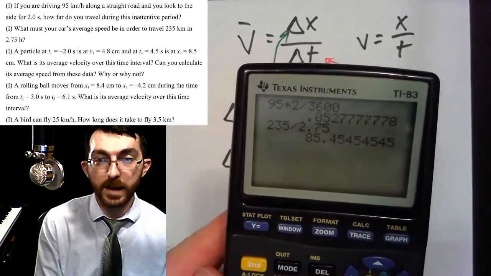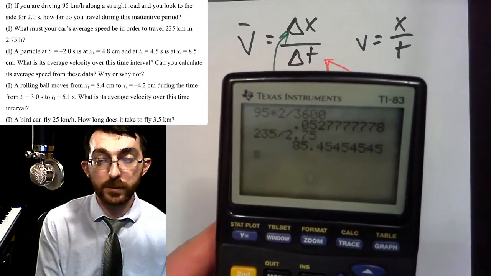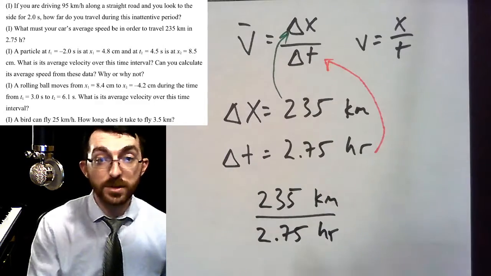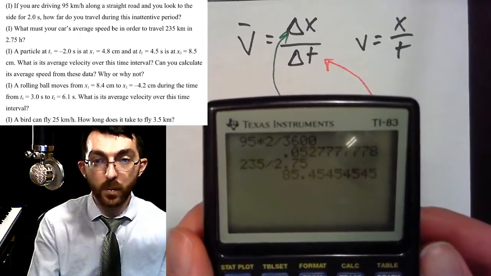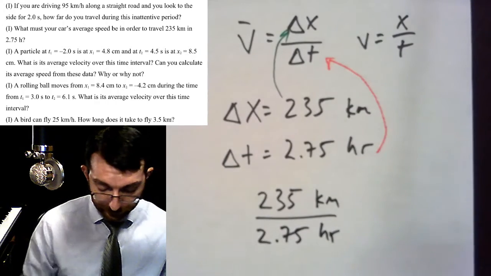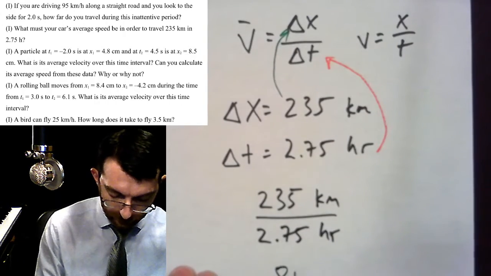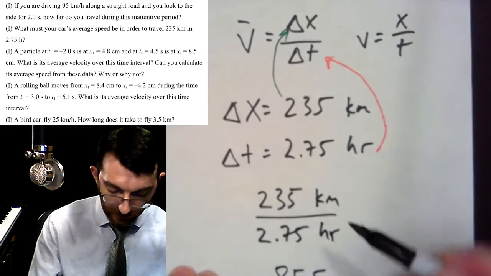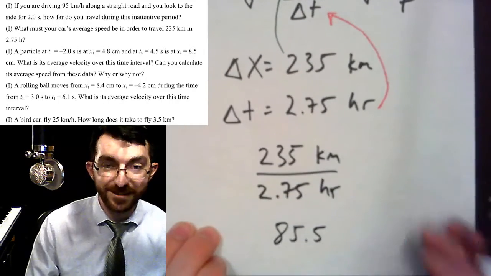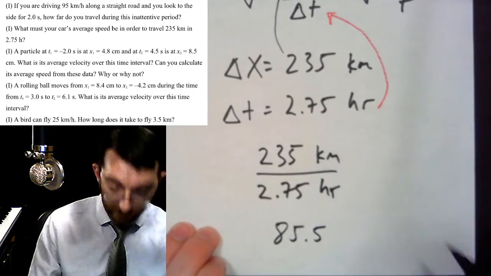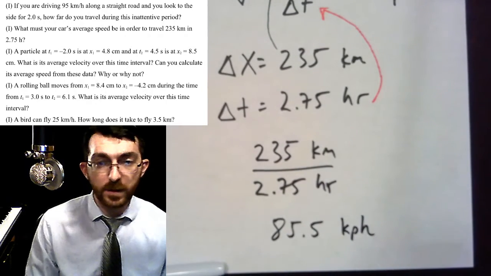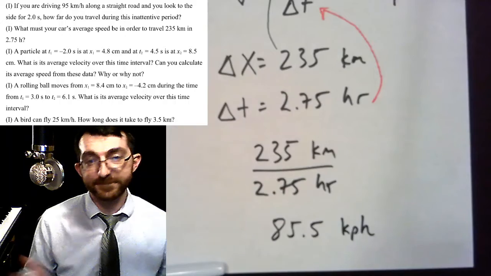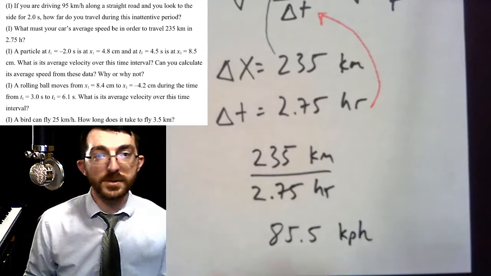There we go. 85.45 repeating. That's 3 digits, so that's going to be 85.5 kilometers per hour. You could convert that to meters per second, but I'm not gonna, and neither should you.